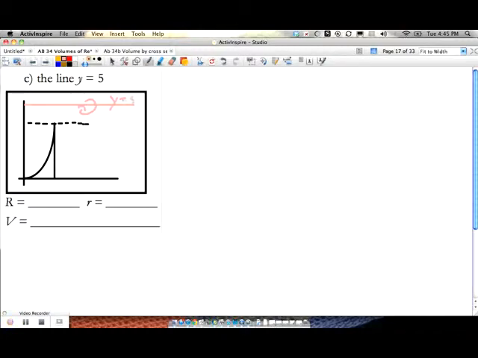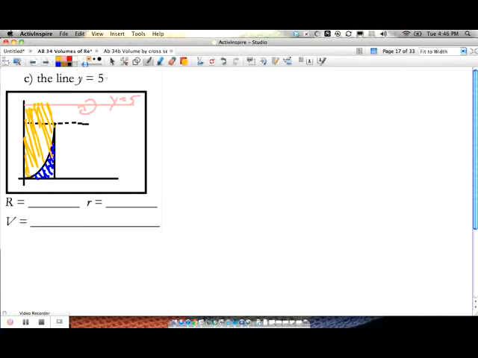Rotating around this line, y equals 5. Again, we still have the same bounded region, but now we have a lot of empty space, not just a little. We've got all this here. We went up, we added another couple of units above it.